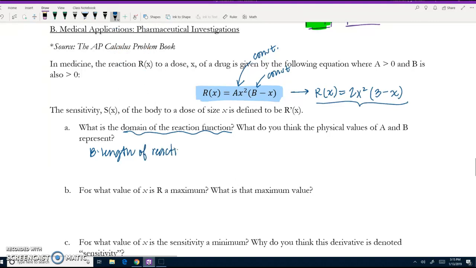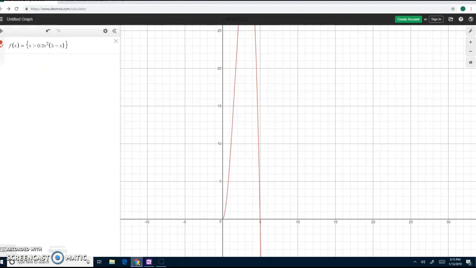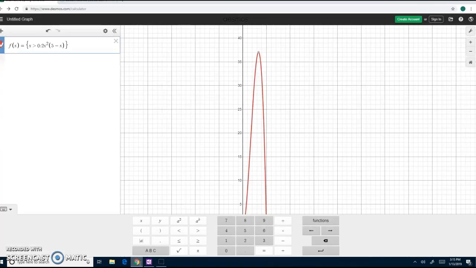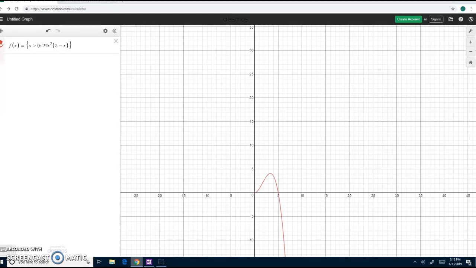And then I can think about, okay, what does A as a constant represent? So again, this equation is supposed to represent your body's response to some kind of pharmaceutical. So if I change the 2 to a 3, it gets bigger. If I change it to like a 100, it gets really, really big. If I change it to 0.25, it gets pretty small.